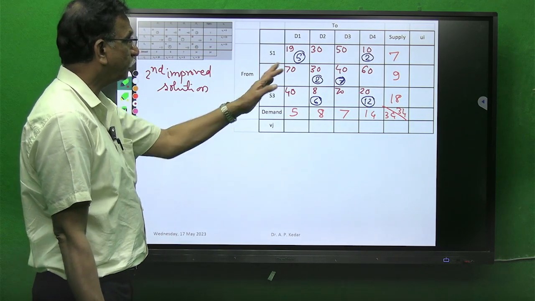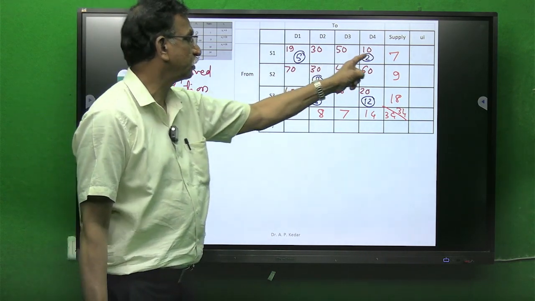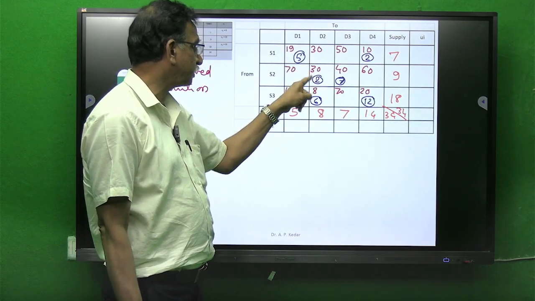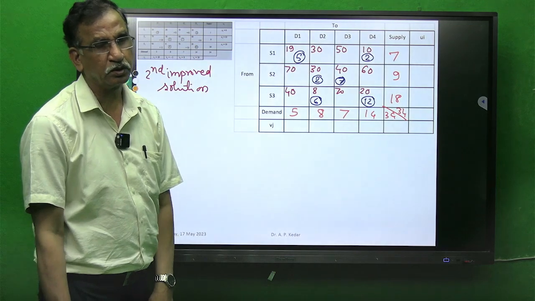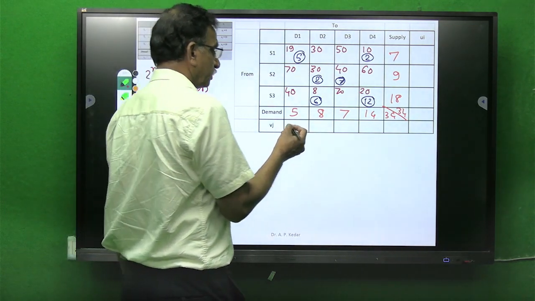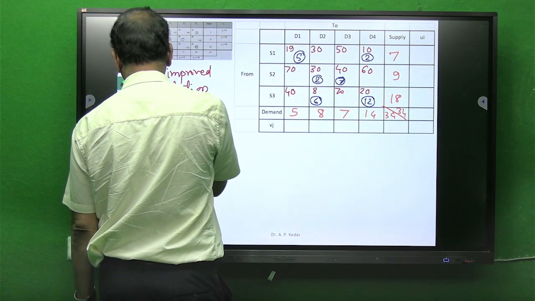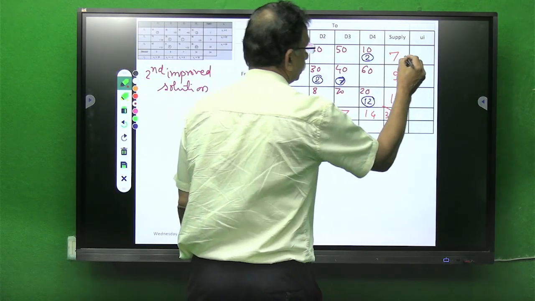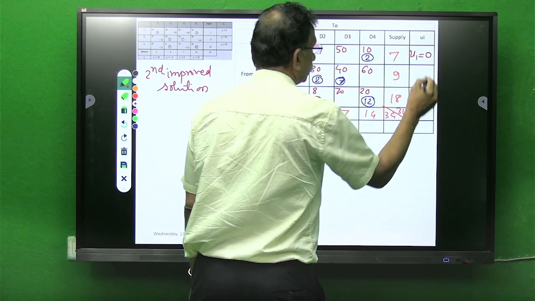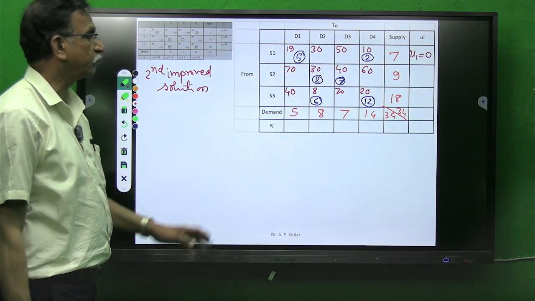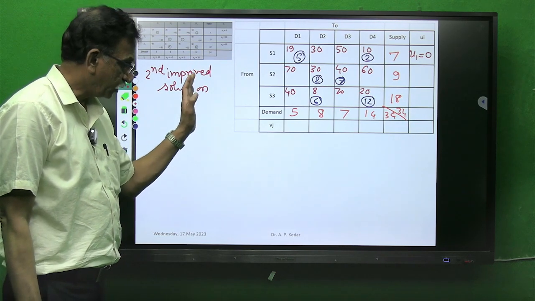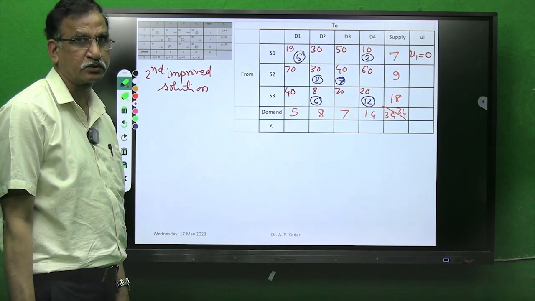Now here every row and column is having, this row is having 2 allocation, this row is having 2, this row is having 2, this column is 1, 2, 1, 2. So there is no row or column where you are having more than 2 allocation. So what we will do is we will proceed with U1 equal to 0. And when we proceed with U1 equal to 0, now we will find the values which we have calculated in a lengthy discussion in previous slides.